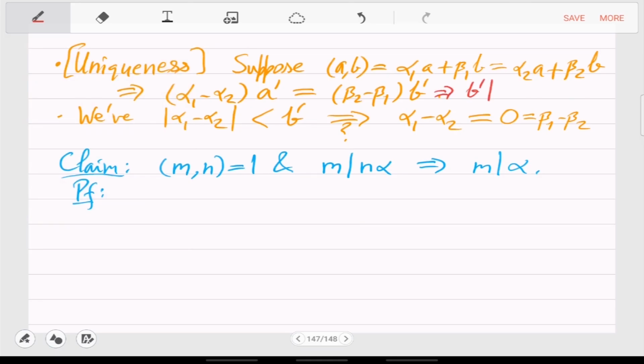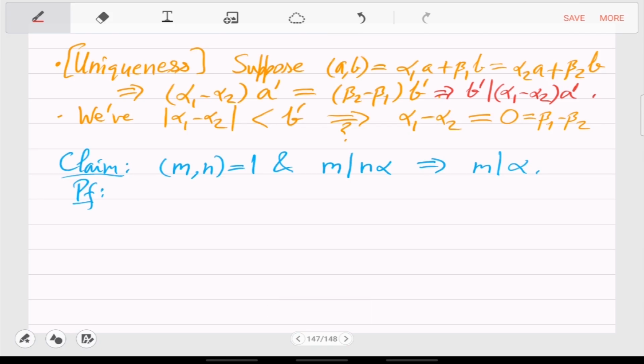So from here B prime divides alpha 1 minus alpha 2 times A prime, and that division property together with the fact that alpha 1 minus alpha 2 is quite small, you will get the uniqueness.